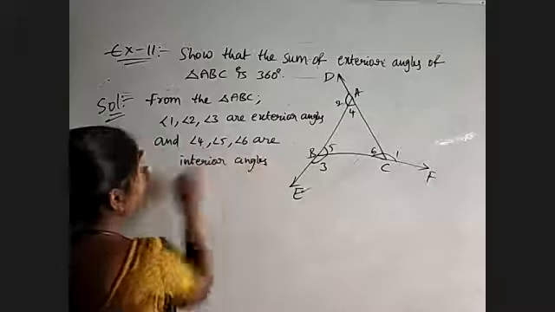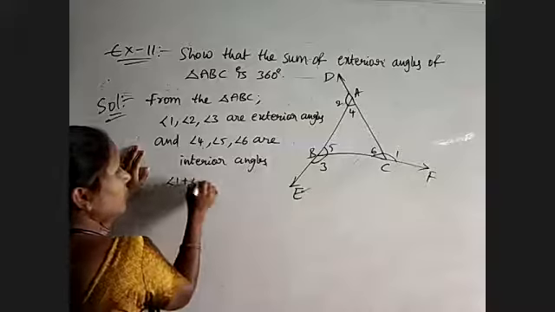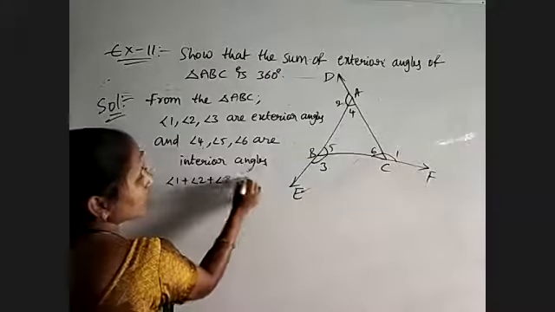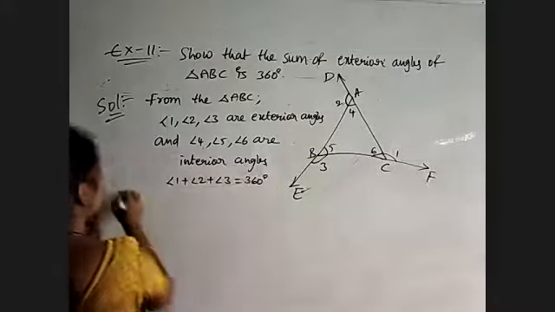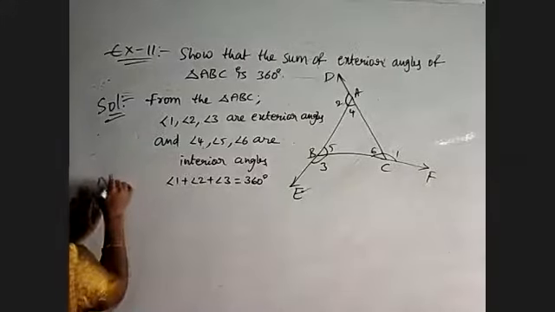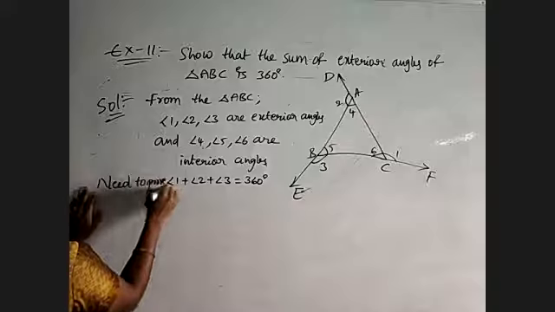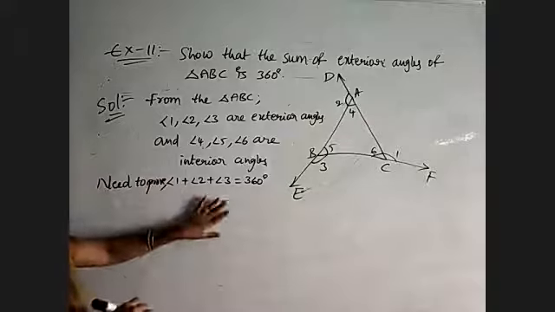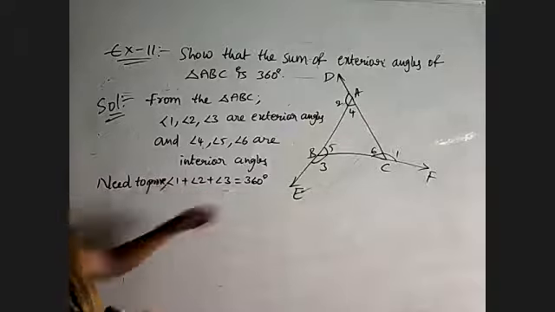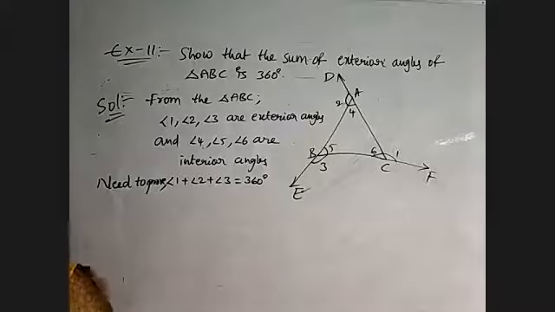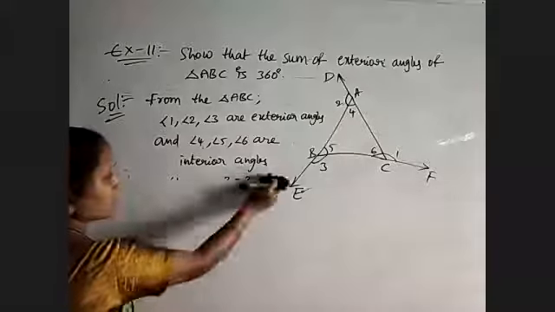So we need to prove that angle 1 plus angle 2 plus angle 3 will be equal to 360 degrees. We need to prove that the sum of these three exterior angles is equal to 360 degrees. That is no need to write, I am just telling you.